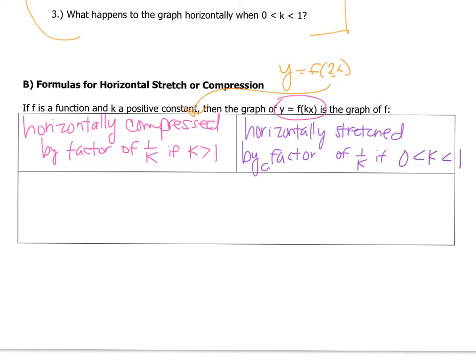So that's actually a compression by a factor, in this case, of 1 over k, or 1/2. If we had something like y equals f of 1/2 x, that is actually going to be a stretch, again by a factor of 1 over k. Basically, you're taking the reciprocal of that to get the amount that you're stretching. So that would be a stretch horizontally of 2.